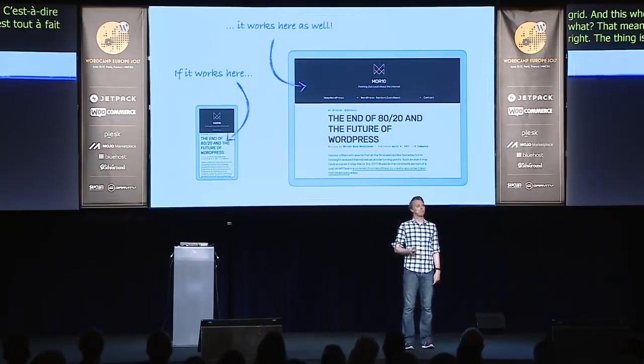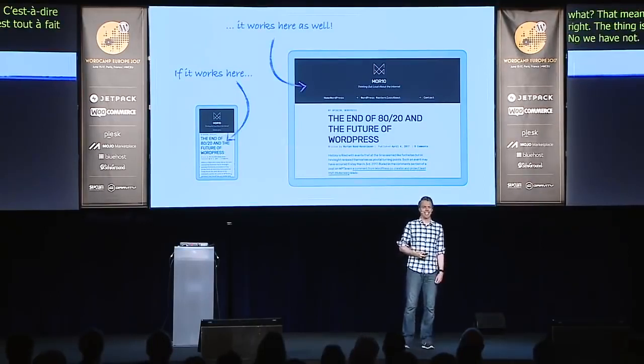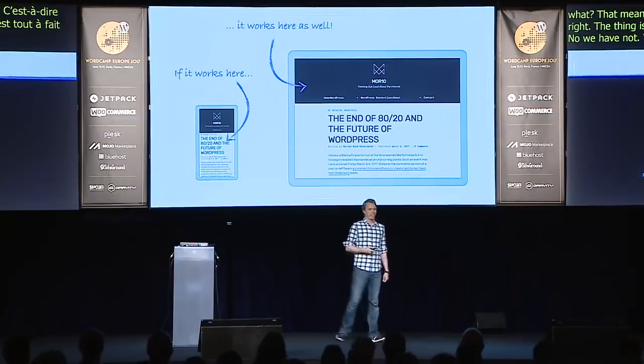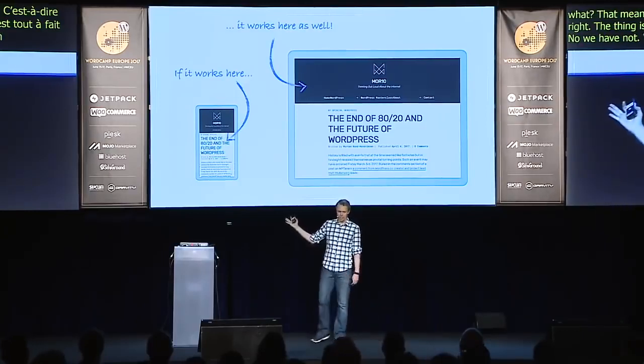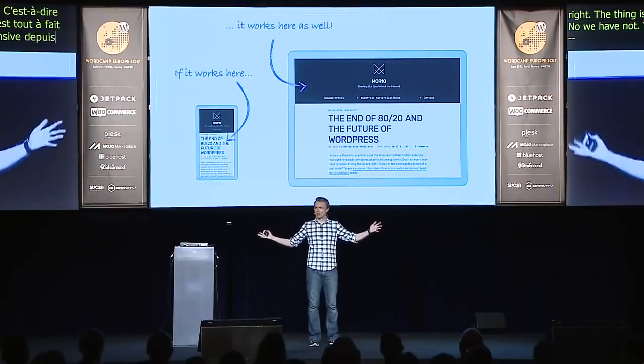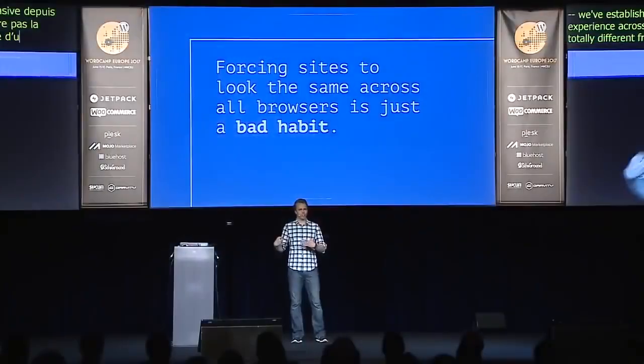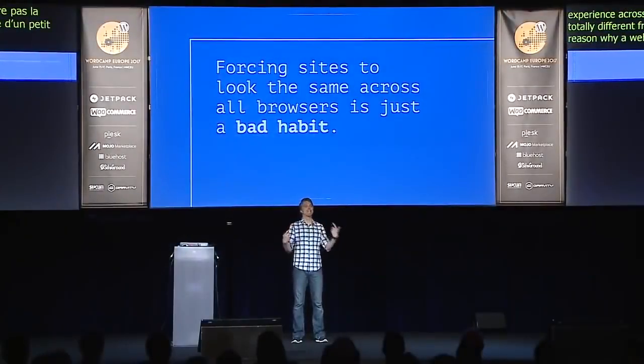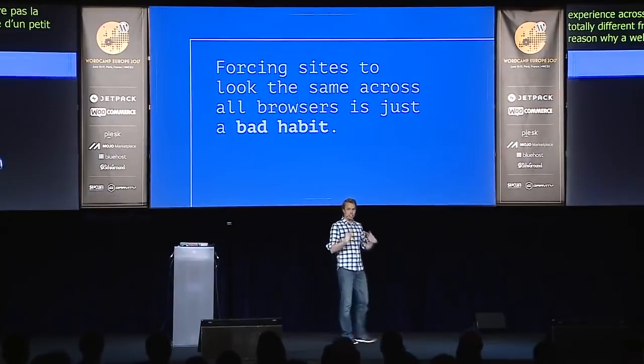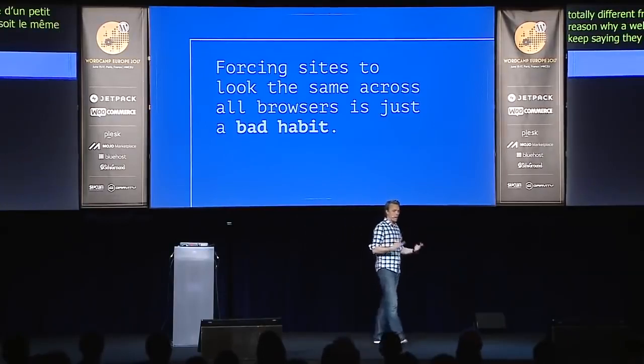No, we have not. We've been doing responsive web design since 2010. And we've established an entire language around not serving up the same experience across all browsers. Because on a mobile browser, the website looks totally different from what it does on a large desktop browser. There is no actual reason why a website should look the same across all browsers, except that we keep saying they should. So we can change our methodology around this.